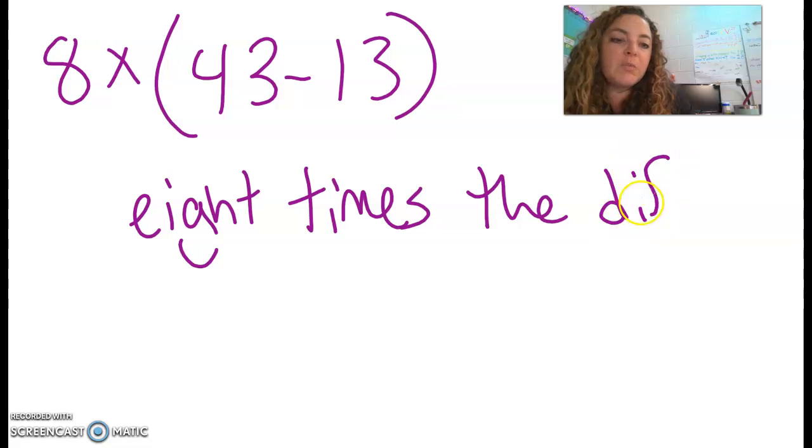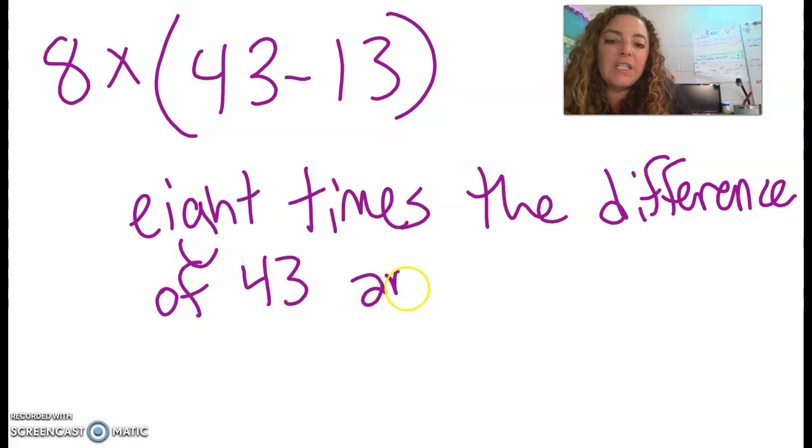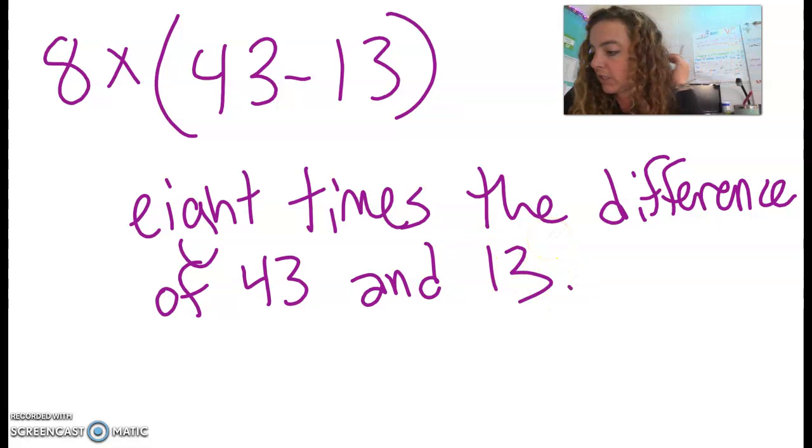Because difference is our subtraction word. Difference of 43 and 13. And I could write those out as words if I needed to, but this pretty much gets me there, right? This is what those numbers mean.